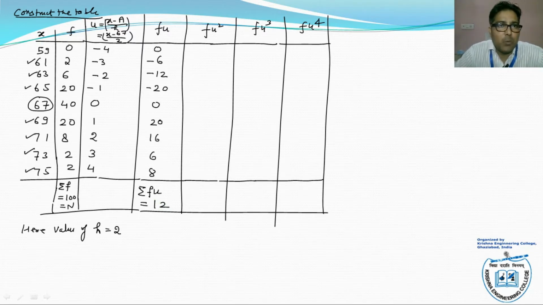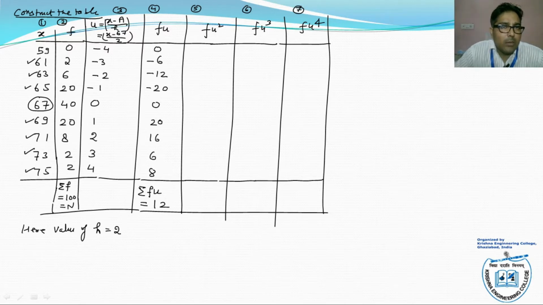Now find the value of fu square. Suppose this is the column first, this is the column second, this is the column third, this is the column 4, this is the column 5, this is the column 6, this is the column 7. Clear? The value of fu means product of f into u.